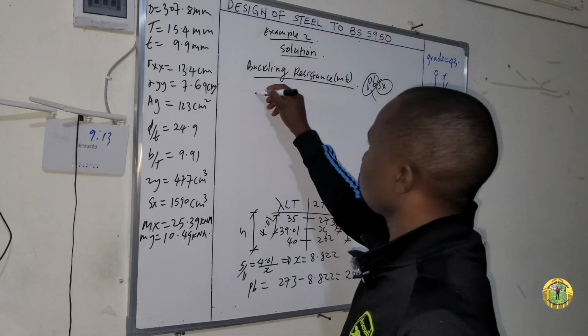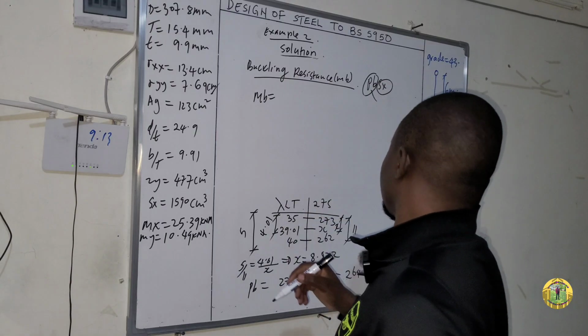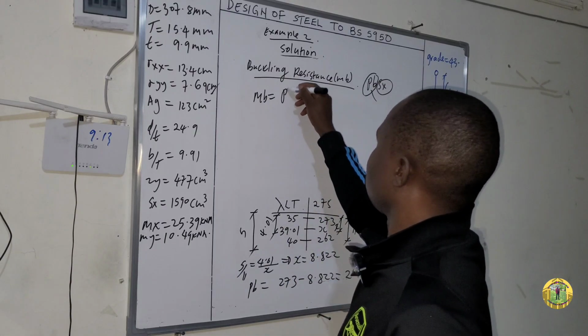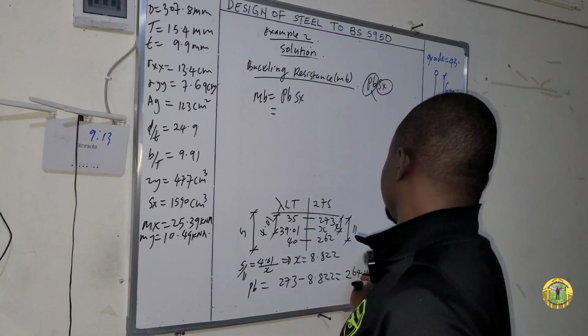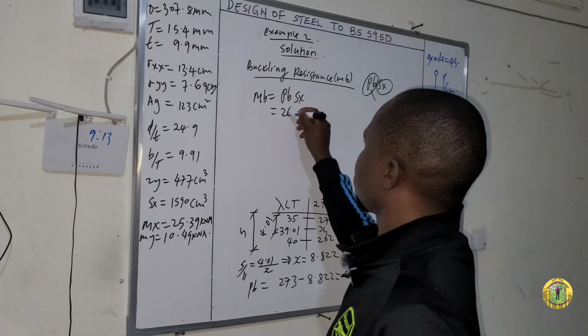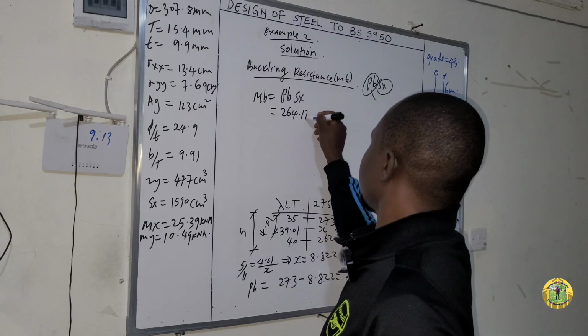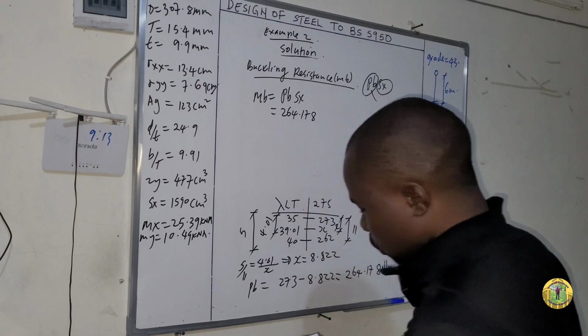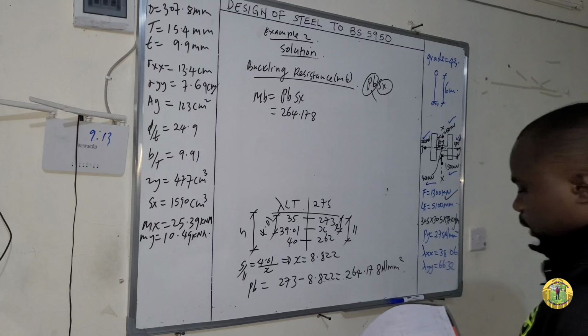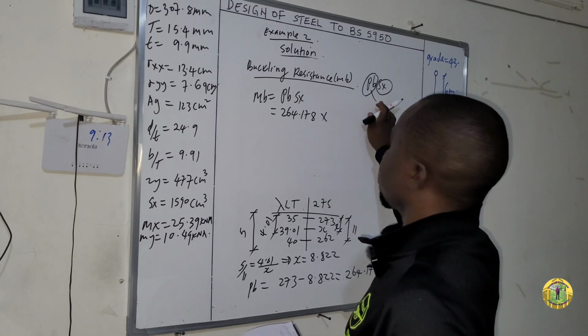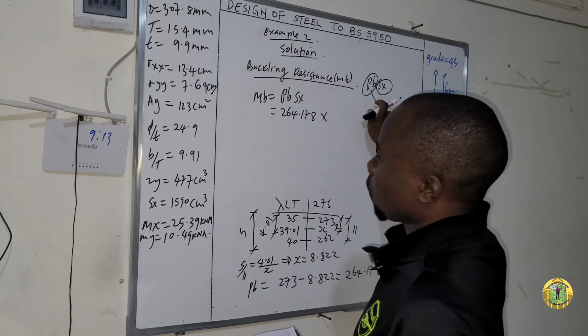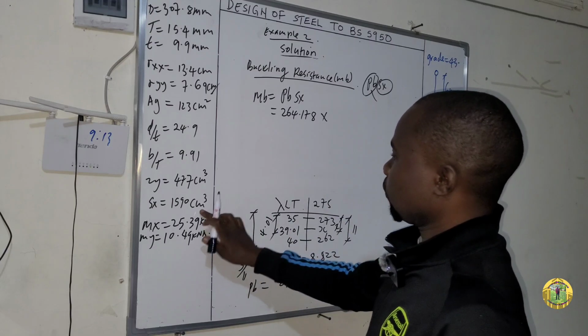so MB is equal to PBSX. So this one is equal to PB, which is 264.178, times SX, which is the plastic modulus, 1590.